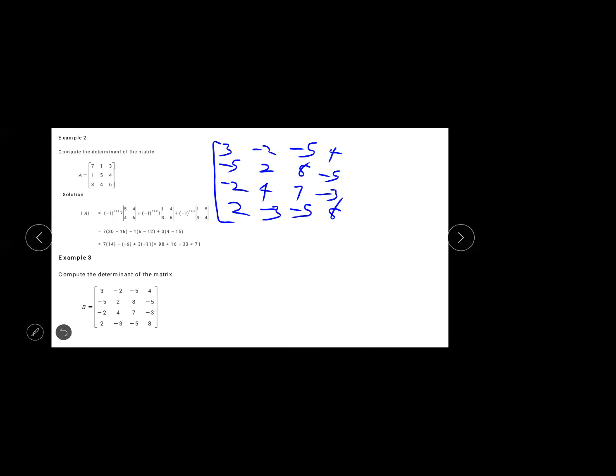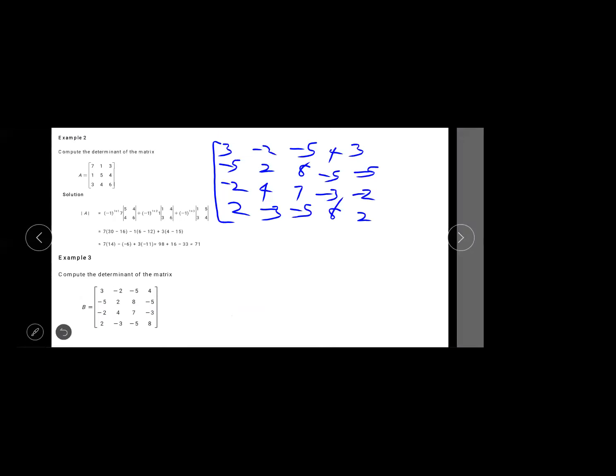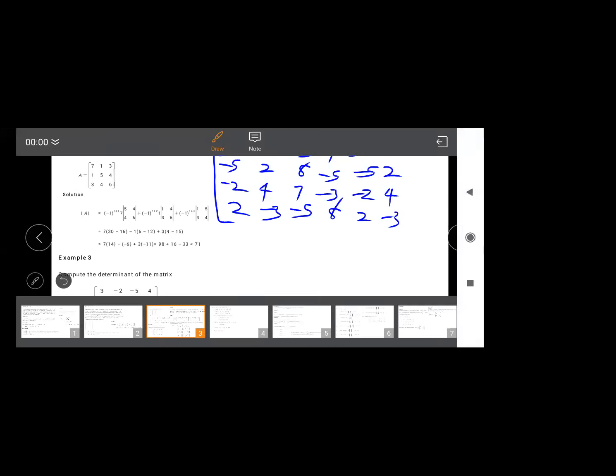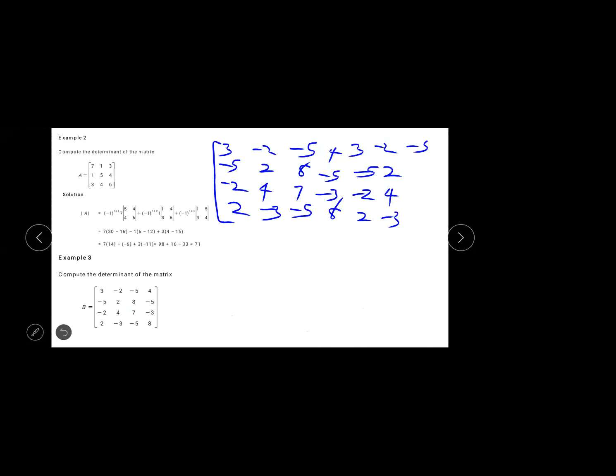You add 3, -5, -2, 2, -2, 2, 4, -3. You also add -5, 8, 7, and -5.